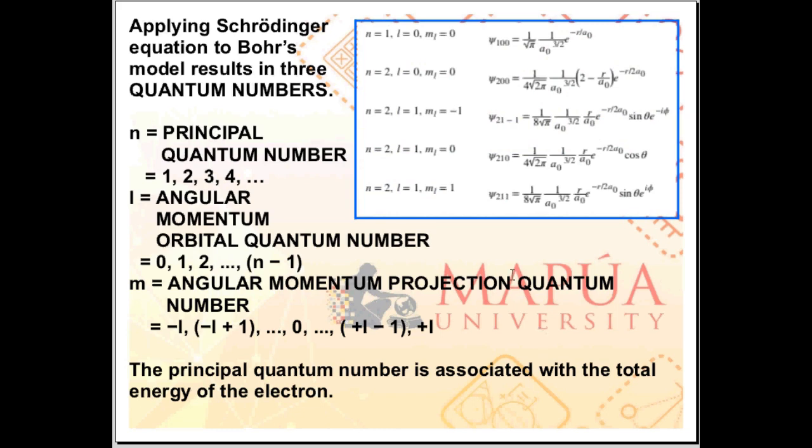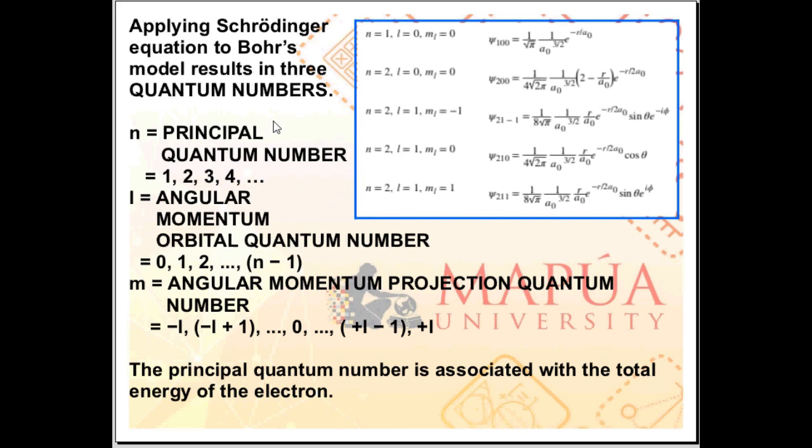An electron confined to move around the proton, the nucleus, is similar basically in concept to a particle in a box. If we apply Schrödinger's equation to the Bohr's model, it's not surprising that it will result in the energy of the electron being quantized.